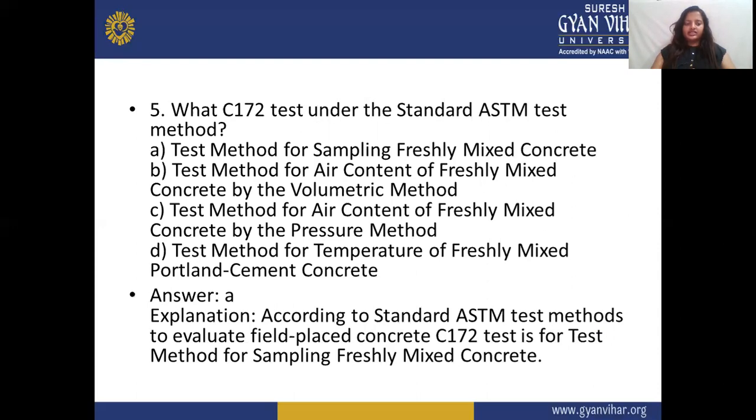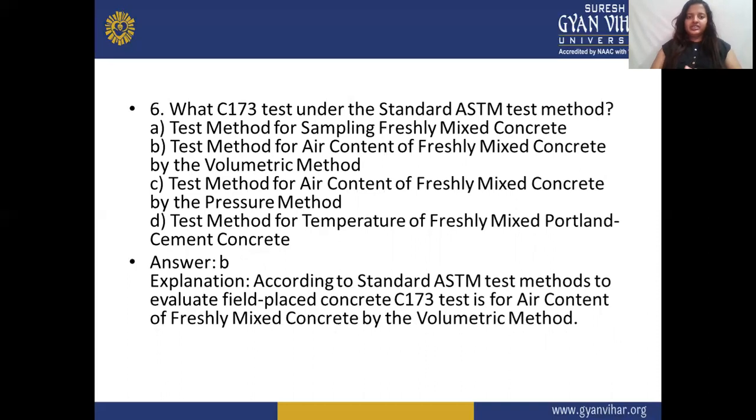So the answer is A, and the explanation is that according to standard ASTM test methods to evaluate field placed concrete, the C172 test is the test method for sampling of freshly mixed concrete.